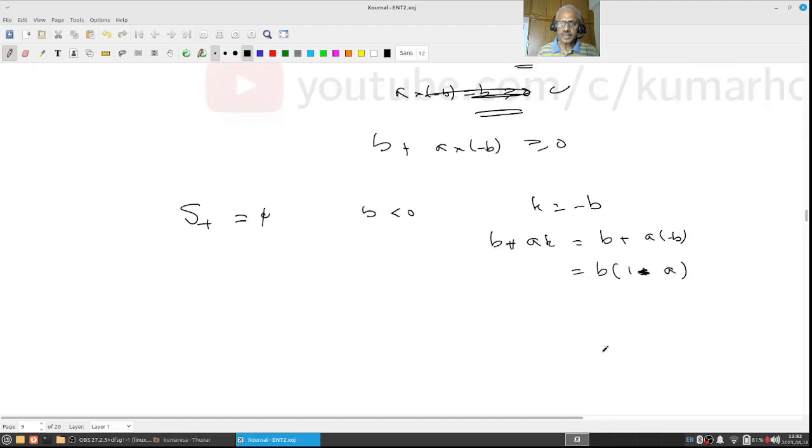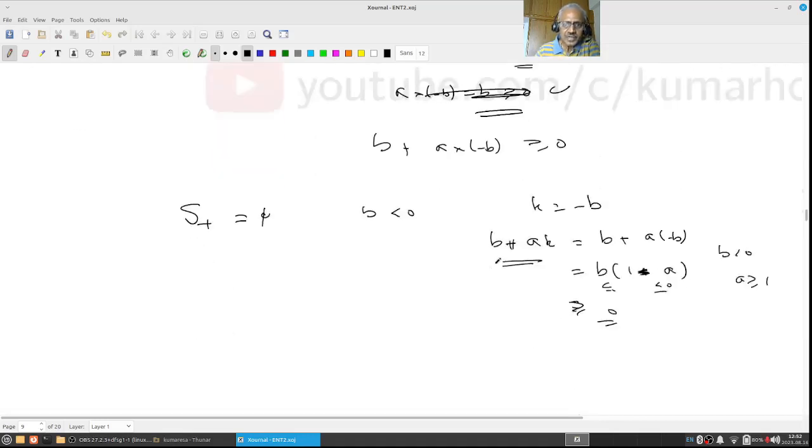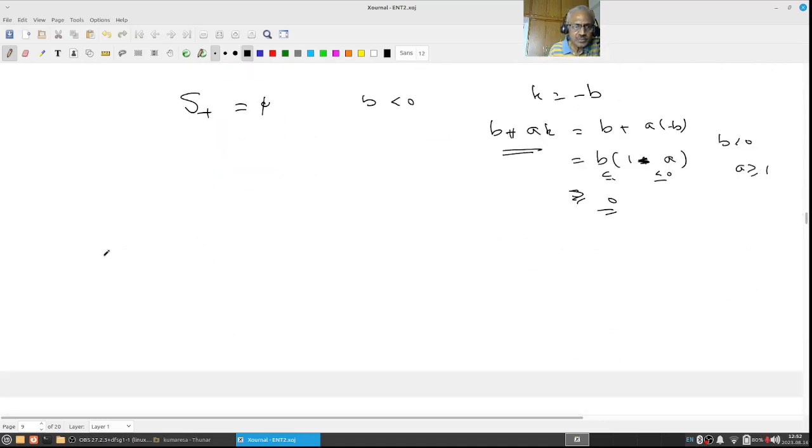Remember b is negative and a is greater than or equal to 1, therefore 1 minus a is also negative, this is also negative, therefore the product is greater than or equal to 0. Do you understand this?